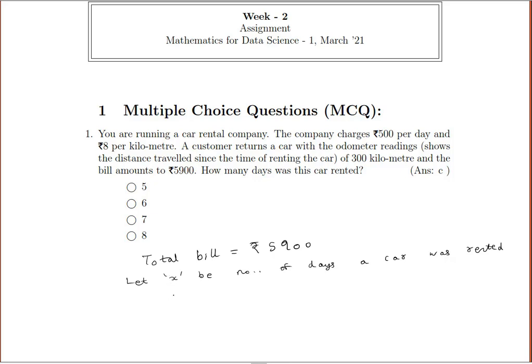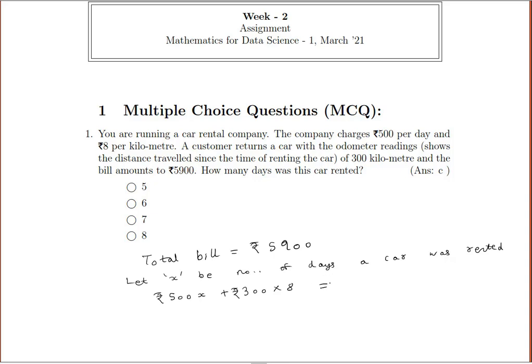So the company charges rupees 500 for each day. That means the company charges rupees 500 times x for x number of days. And the company also charges rupees 8 per kilometer, and it is given that the total distance traveled is 300 kilometers. So we'll add this to the existing charge, that is 300 times 8. So this gives us the total charges.